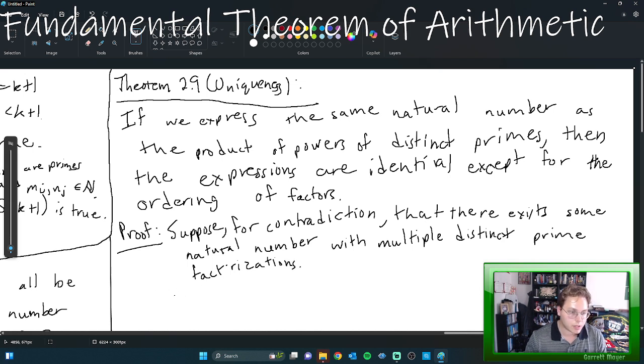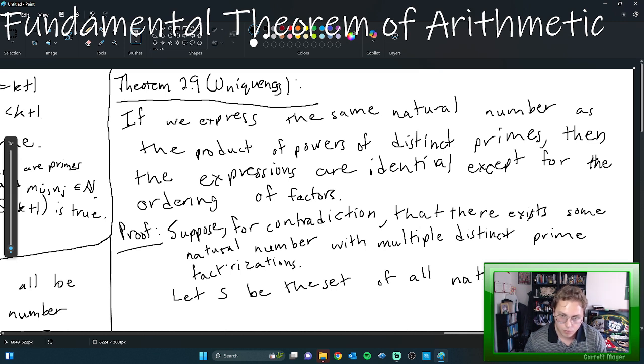And what we're going to do is let S be the set of all such numbers, the set of all natural numbers with distinct prime factorizations.